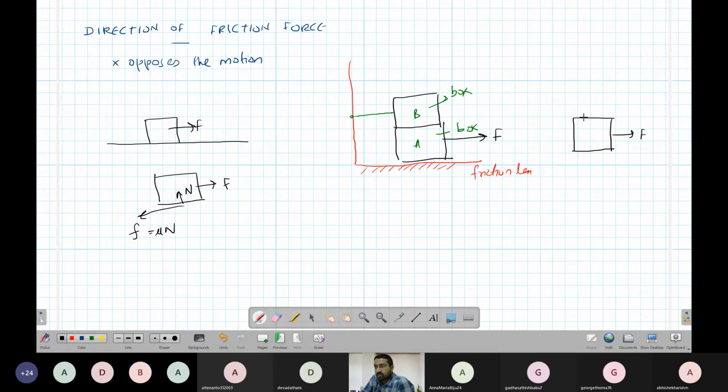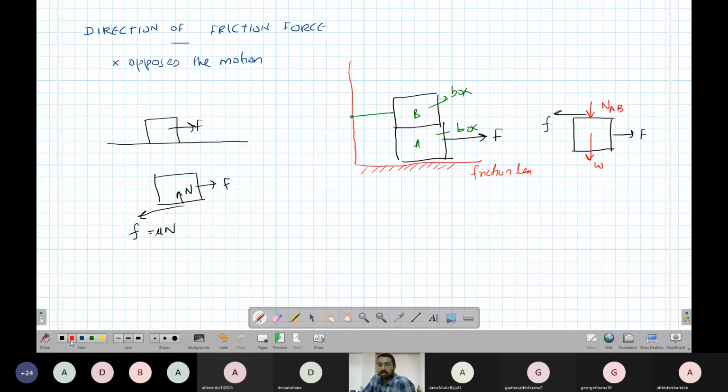There is a friction force here. What is the other force? That can be the weight of this box acting downward. There can be a normal force because of this box on this box, which will be the normal force on A due to B.